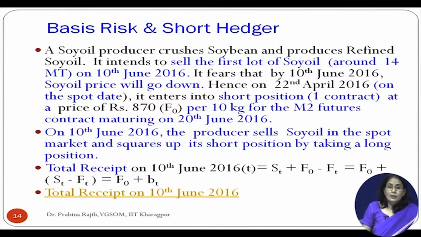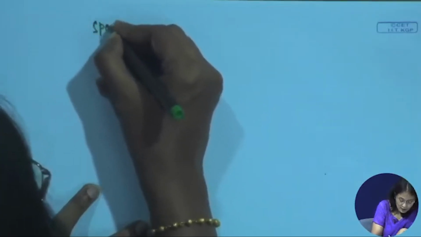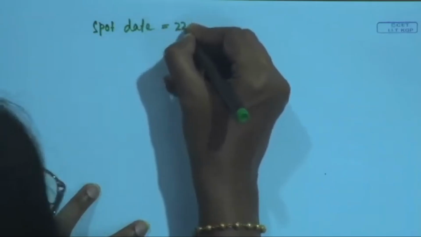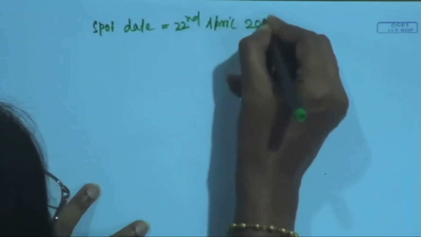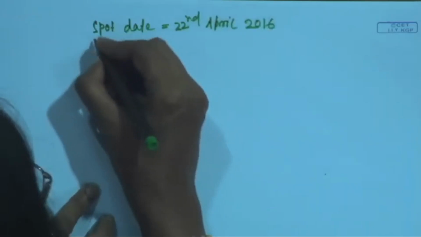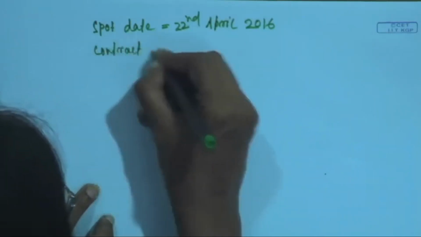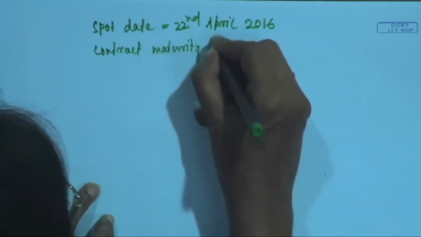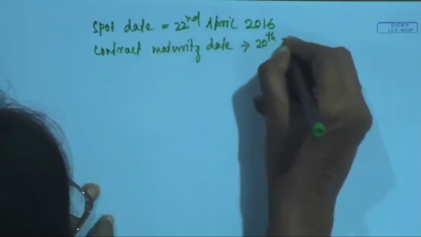So let me write down. You have the spot date as 22nd April 2016, and the contract maturity date is 20th June 2016.